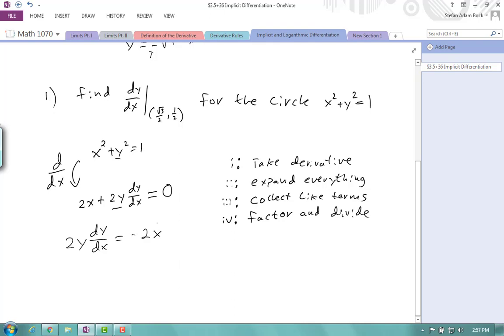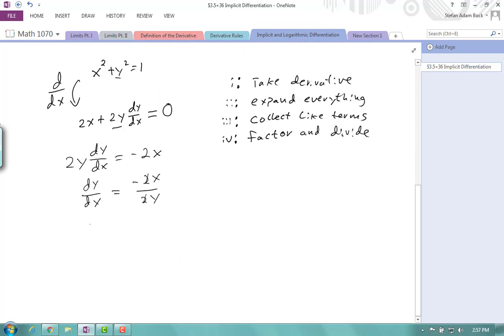And again, I don't need to factor because my function was simple. dy/dx equals negative 2x divided by 2y. And of course the 2's can cancel, so my dy/dx, the slope of my tangent line given a point, is going to be negative x divided by y.